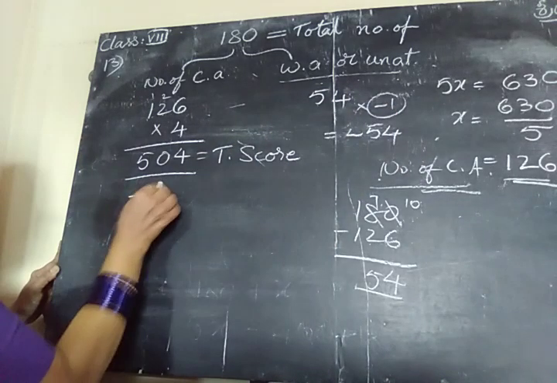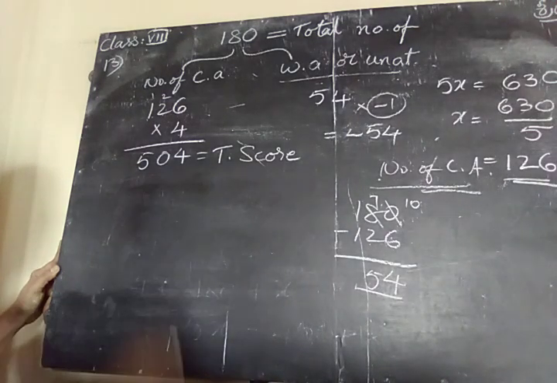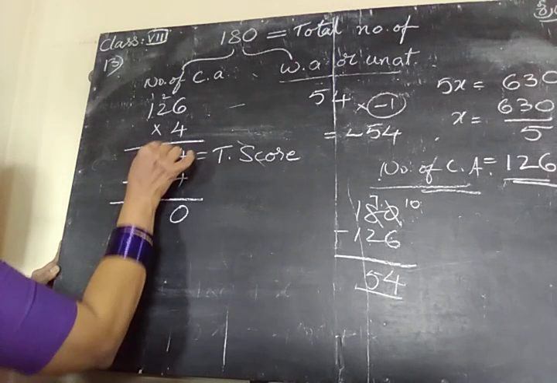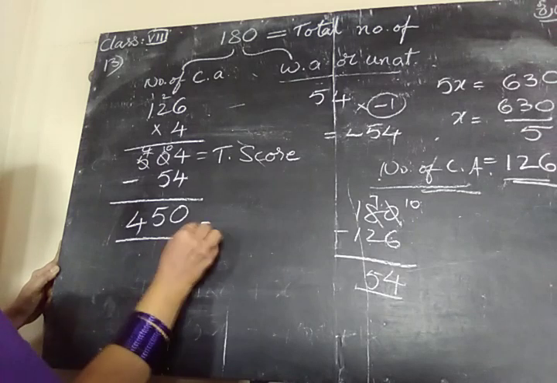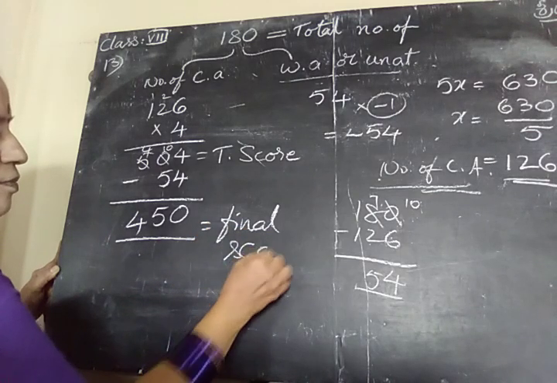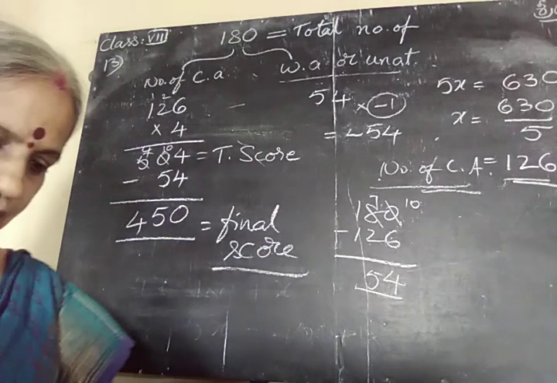Subtract this from 504: 504 minus 54 is 450. The final score is 450. Got it now?